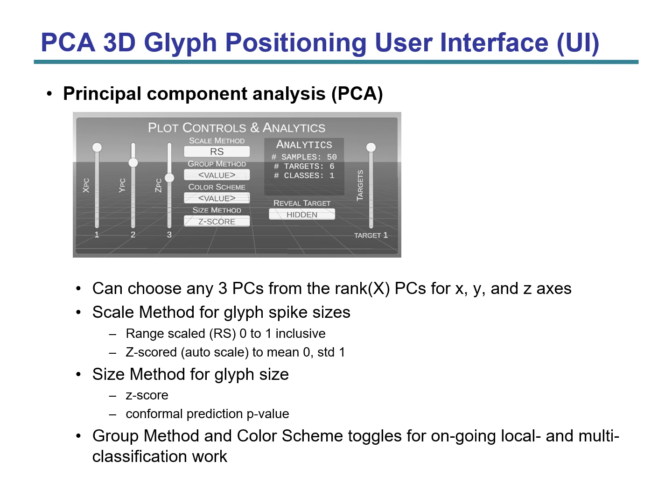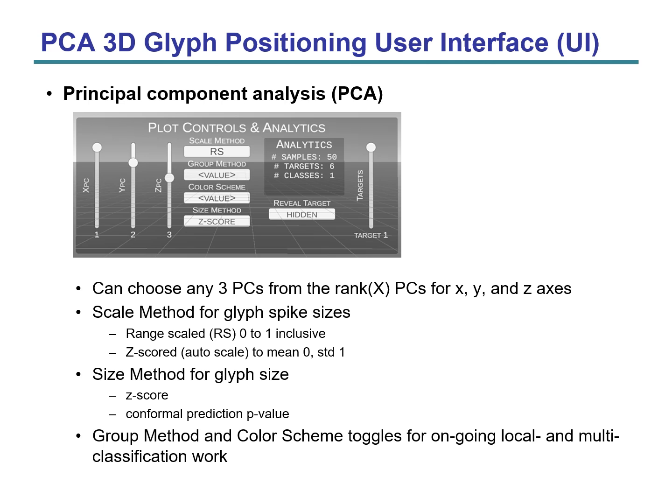Then we have a scaling method where we range scale, or we can toggle to z-scoring. The group value and color scheme are for our multi-class and local class work. And then we have our size method to toggle between z-score and, like I said, the conformal prediction p-values.